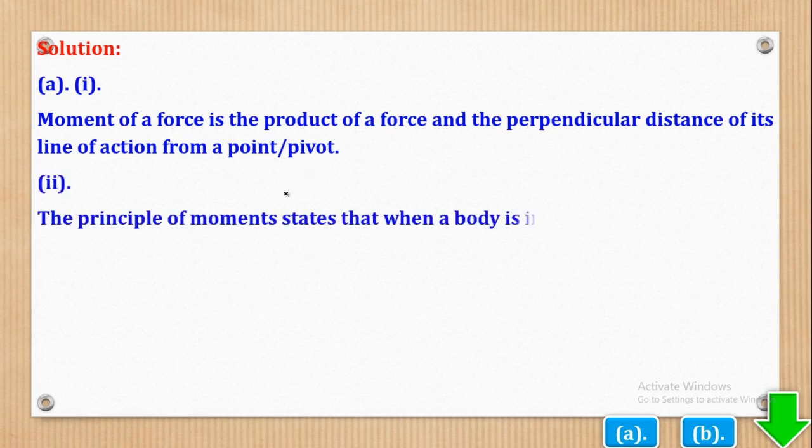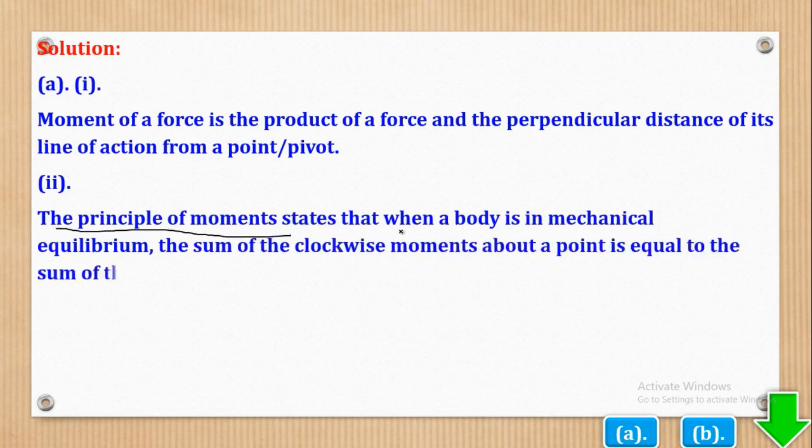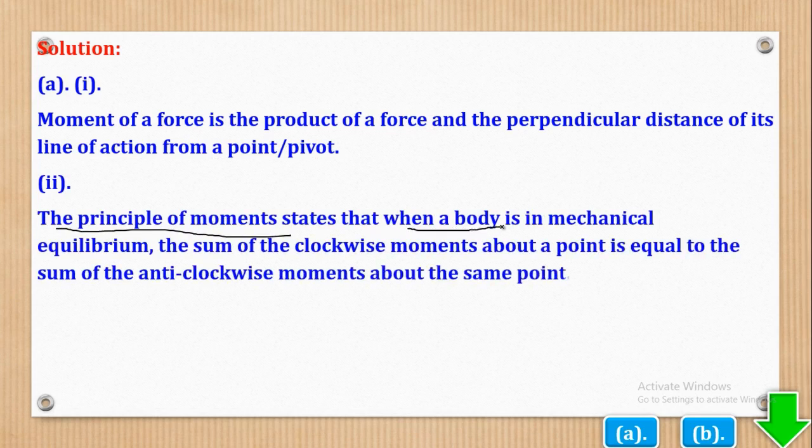Then Roman 2, they wanted the principle of moments, so we shall say that the principle of moments states that when a body is in mechanical equilibrium, the sum of clockwise moments about a point is equal to the sum of anti-clockwise moments about the same point. So this phrase same point is needed. So that was part A.